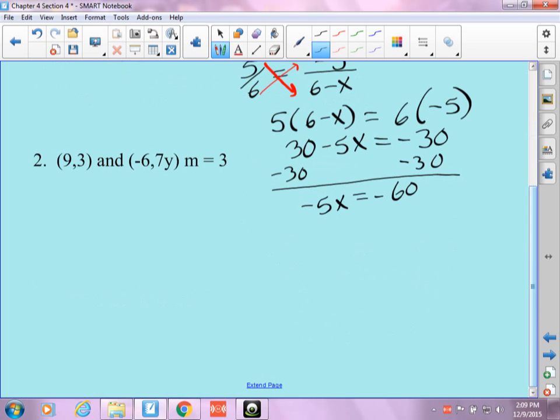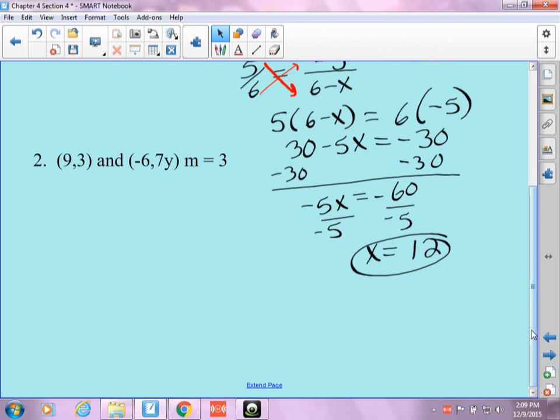Then what? Divide by negative 5. X gives me 12. Done. Again, not hard. It's not hard, it's just different. And that's what you're trying to find. Questions?